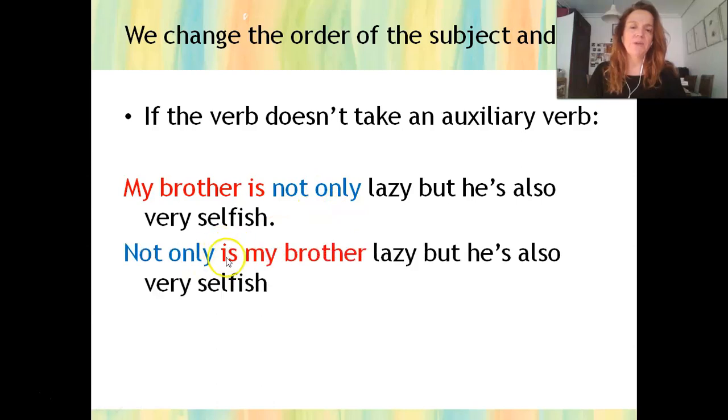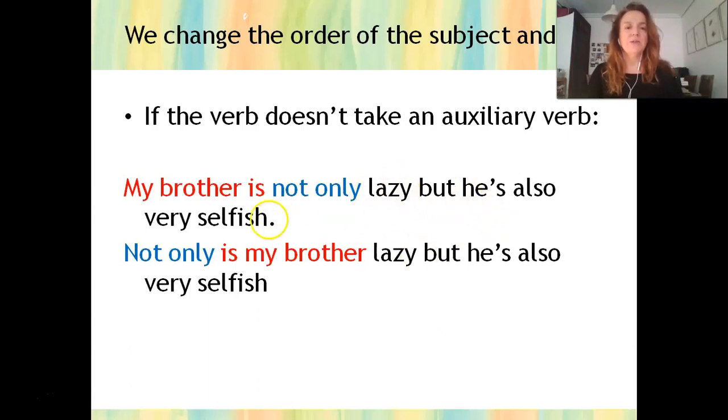So instead of using the number 1 subject, number 2 verb, here we would do number 2 first and then number 1. So instead of saying my brother is not only lazy but he's also very selfish, if we place the adverbial expression at the start of the sentence, not only, then that is followed by inversion. Not only is my brother lazy, but he's also very selfish.